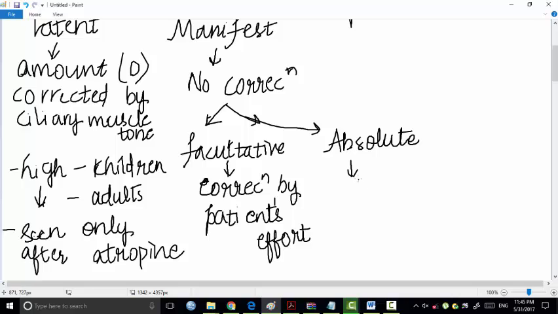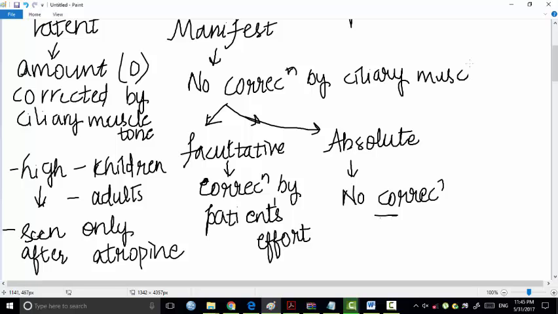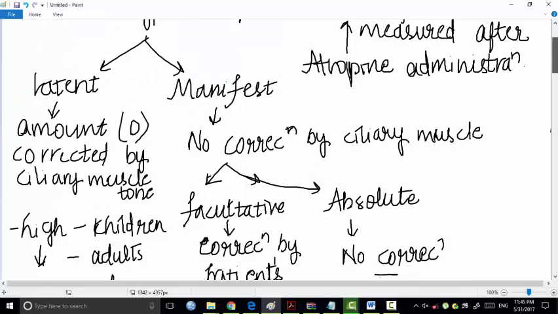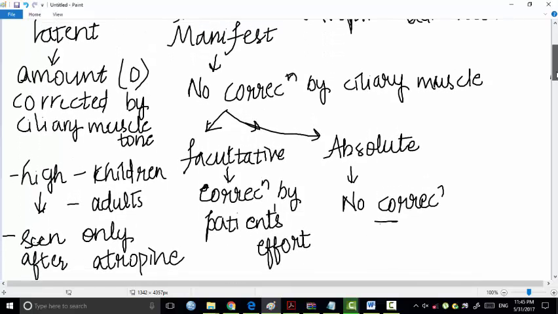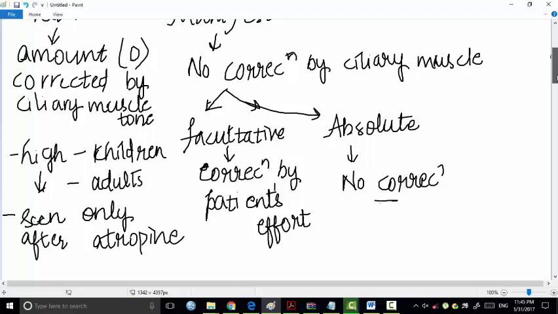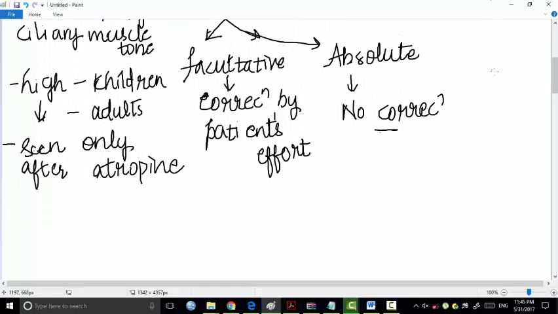Absolute hypermetropia, no correction at all, right? So this is absolute. You may get confused why I wrote no correction above and below. This is no correction by ciliary muscle, which is of two types, facultative and absolute. Facultative is corrected by the patient's efforts.